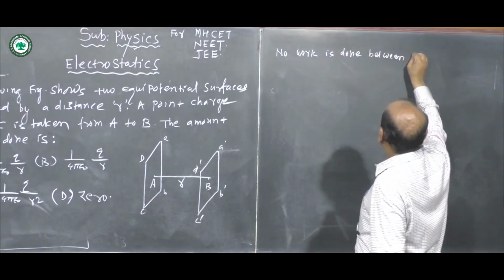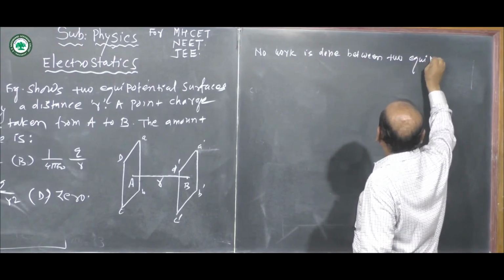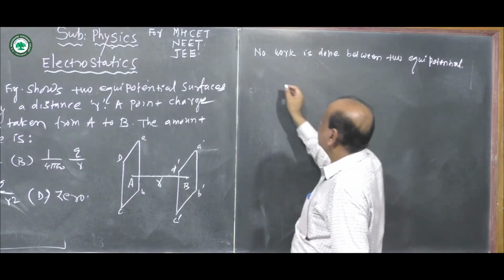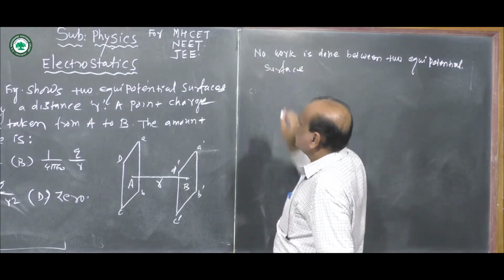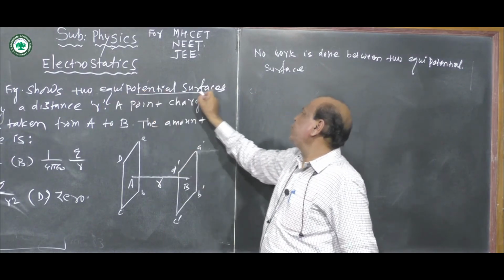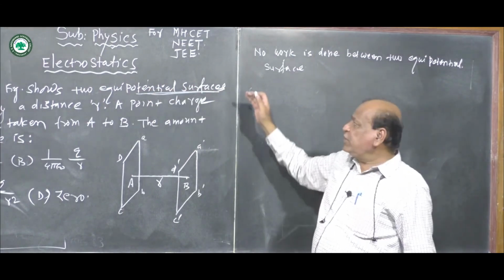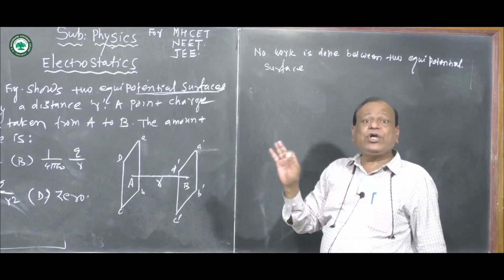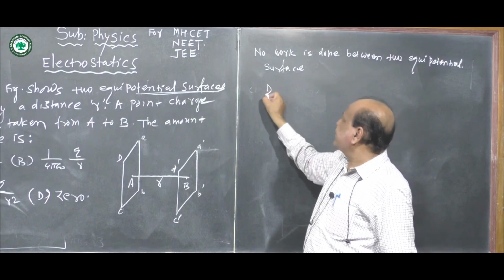Here it is given that these 2 points are on equipotential surfaces, and therefore there is no work done, so option D is correct here.